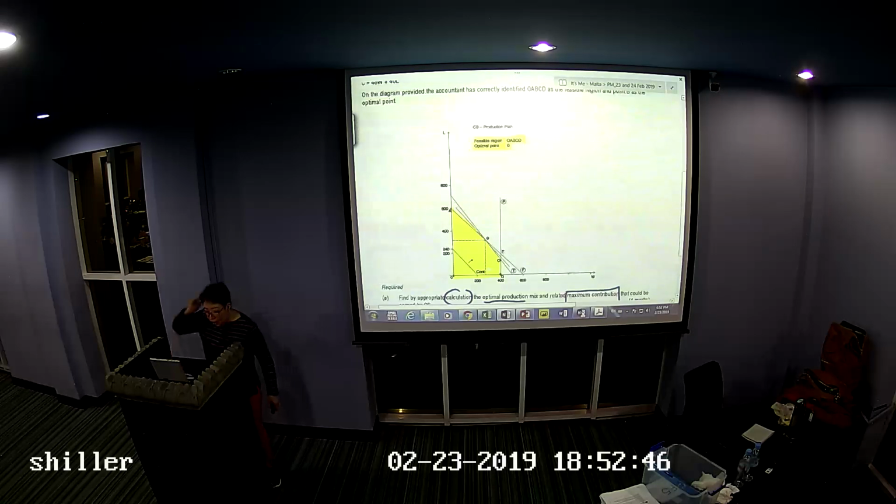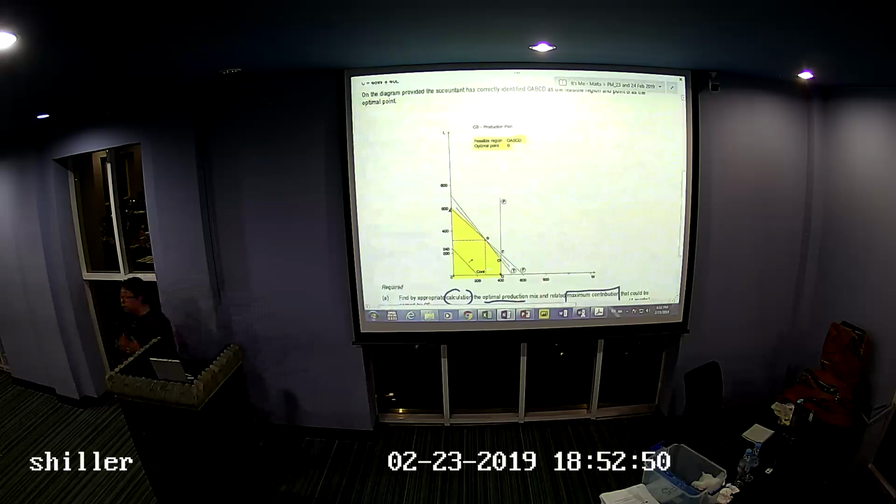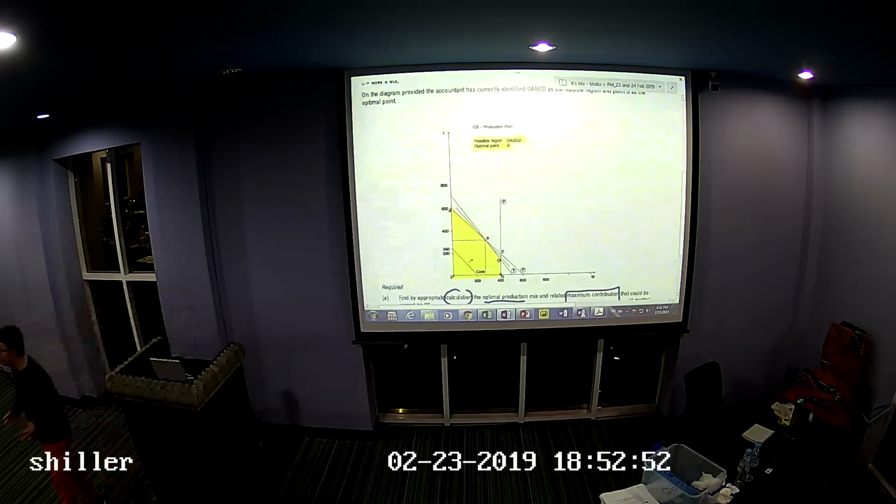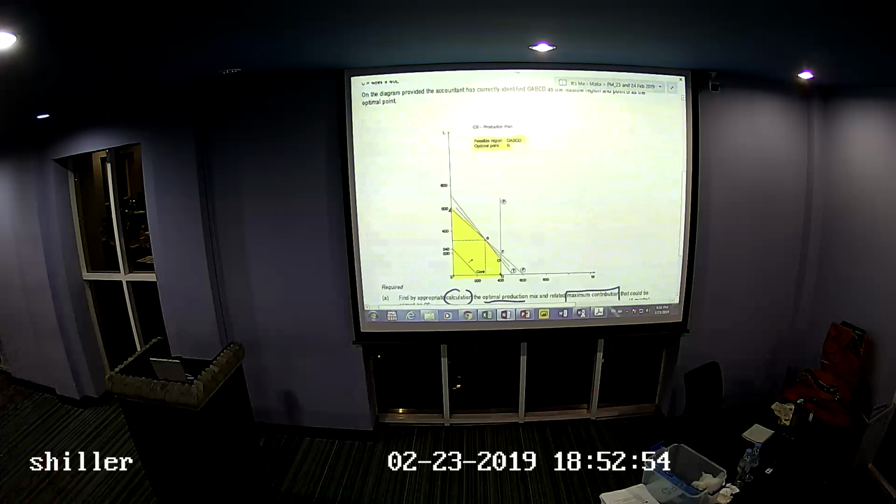Okay. Based on this diagram and the information given to you, can you calculate the optimal plan? Yes or no? Yes. What will you do? Simultaneous equation. Which two equations? Which two lines intersect on B?